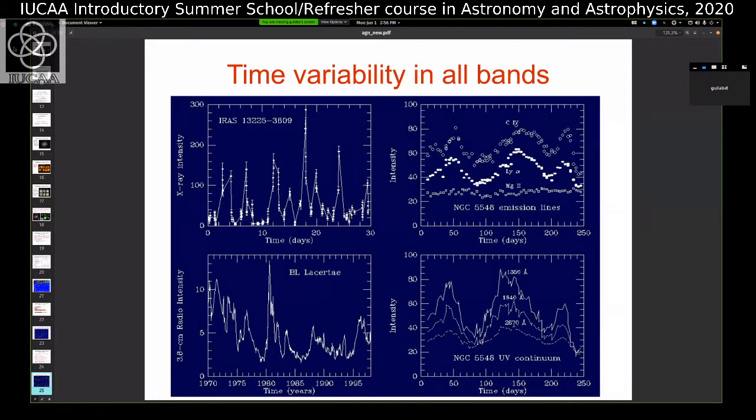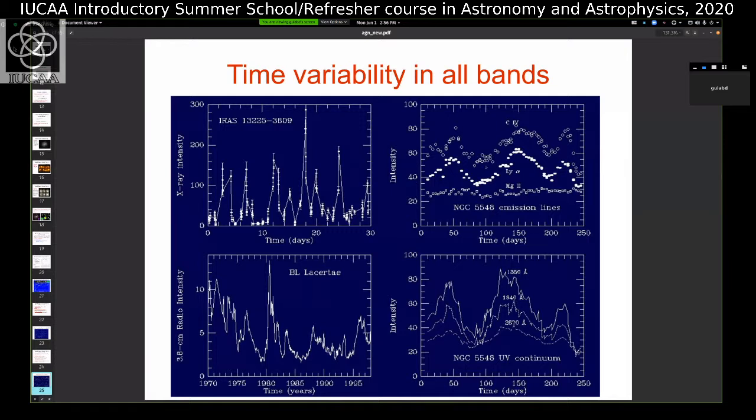So you see this X-ray light curve where the AGN IRAS 13225 is highly variable. Very rapidly it is varying, on scales of days. In fact, if you see the light curve at shorter time scales, the AGNs are highly variable even on thousands of seconds or so in the X-ray band.